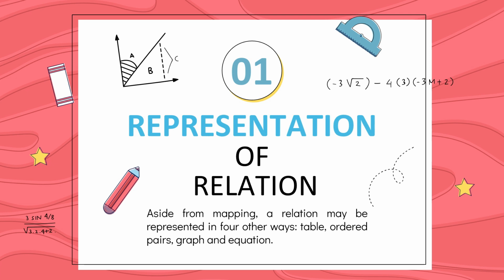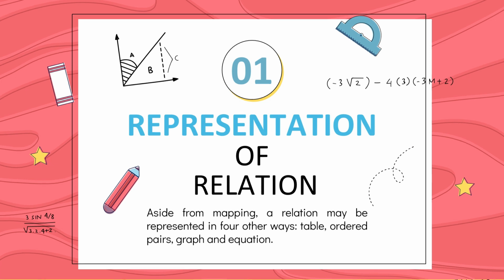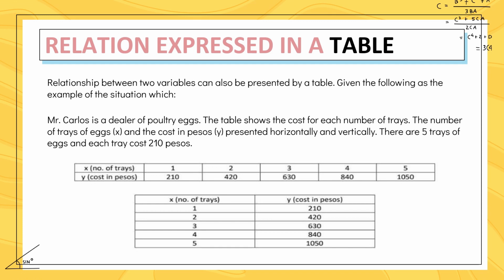Representation of relation. So aside from mapping, a relation may be represented in 4 other ways. So it can be in a table, ordered pairs, graph, and equation. The relationship between two variables can also be presented by a table. Given the following example of a situation: Mr. Carlos is a dealer of poultry eggs.